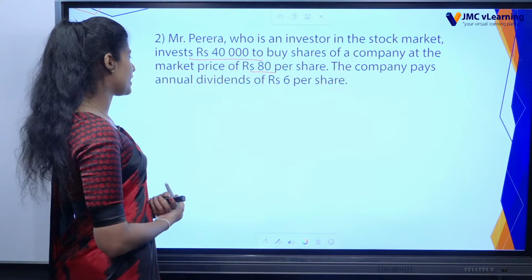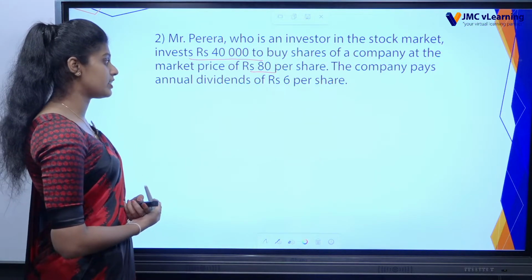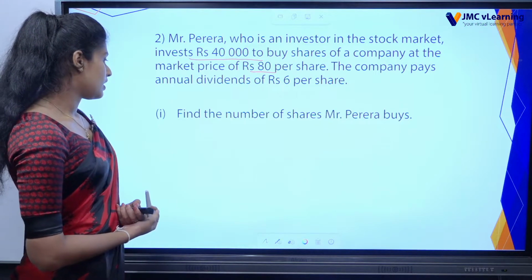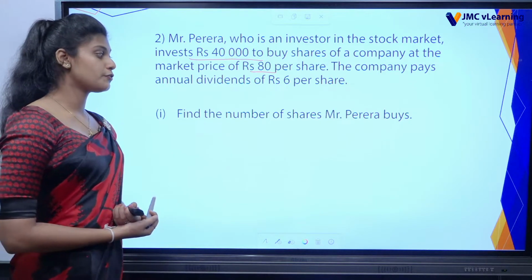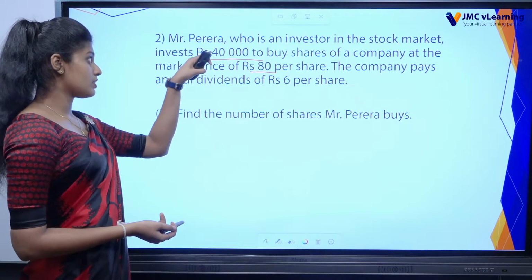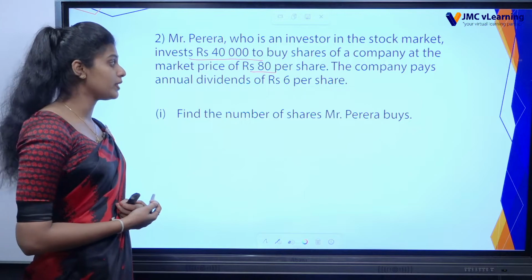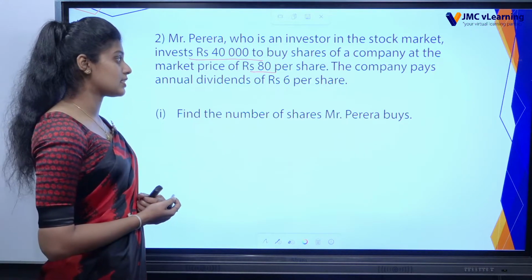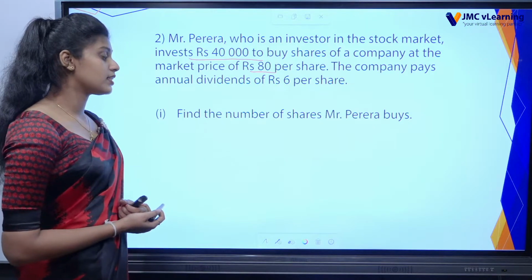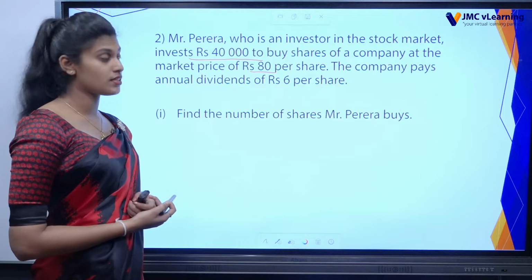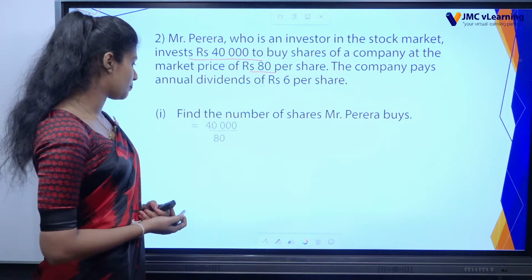The company pays annual dividends of 6 rupees per share. Let's find the number of shares Mr. Pereira buys. He invested 40,000 rupees and the price of one share is 80 rupees. To find the number of shares, you have to divide 40,000 by 80.